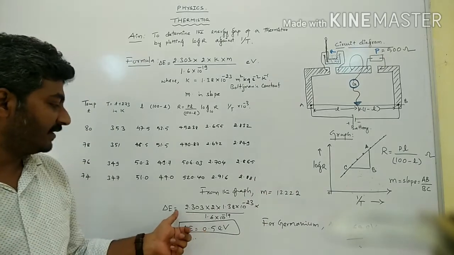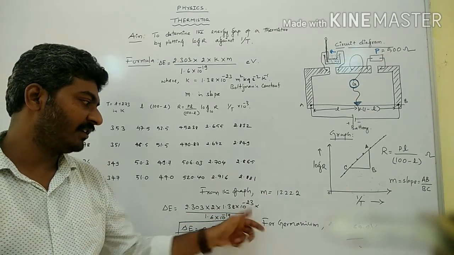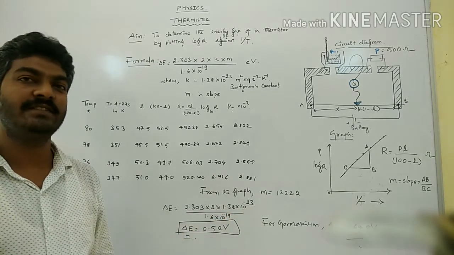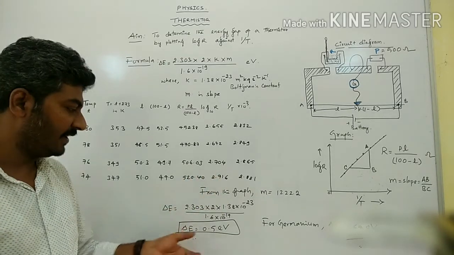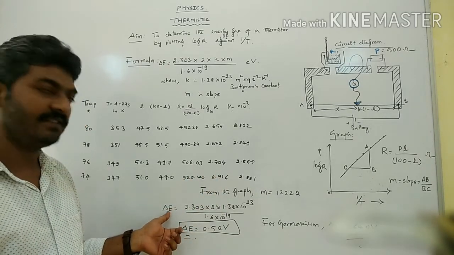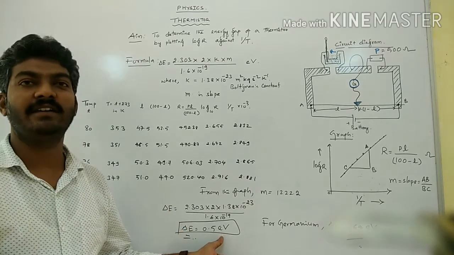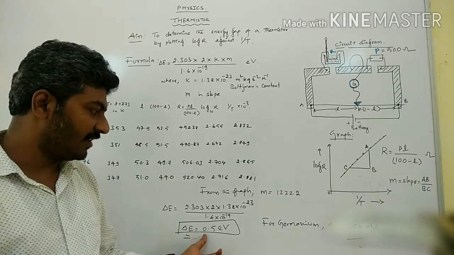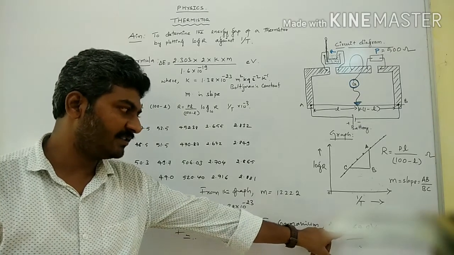Here the formula is delta E = 2.303 × 2 × 1.38 × 10^-23 divided by 1.6 × 10^-19, multiplied by the slope. After doing the calculation, the final answer, that is the energy band gap, is delta E = 0.5 electron volt. So this energy value is nearly equal to 0.6 electron volt.